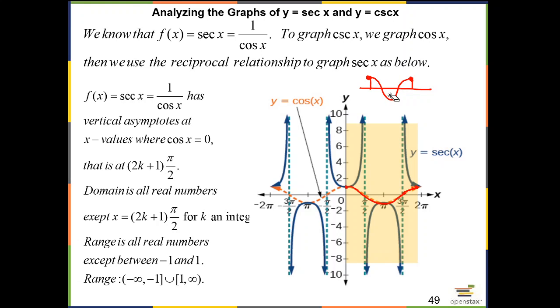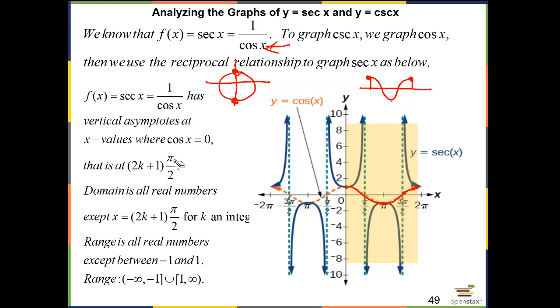So if you graph this in 2 pi, then of course we don't want cosine to be 0, because then it is undefined. Well, you can go to the unit circle and realize that cosine is 0 here and here, and those are odd multiples of pi over 2.